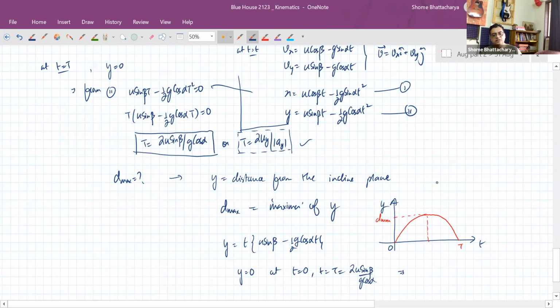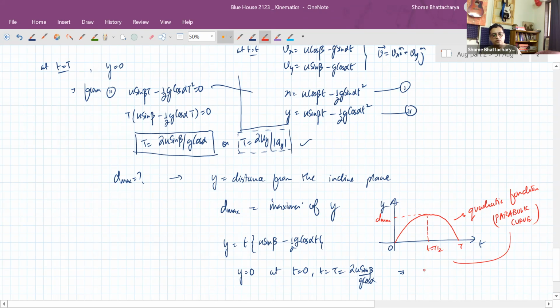So this also shows that it's a quadratic relation. The graph is a parabola. The parabolic curve has this symmetry property, so the time over here should be capital T by 2.